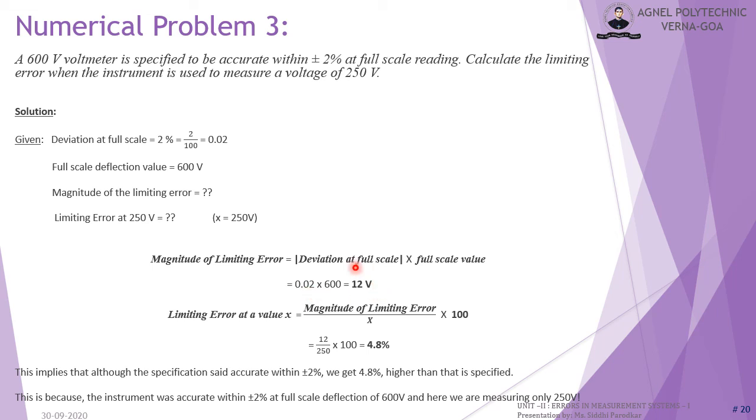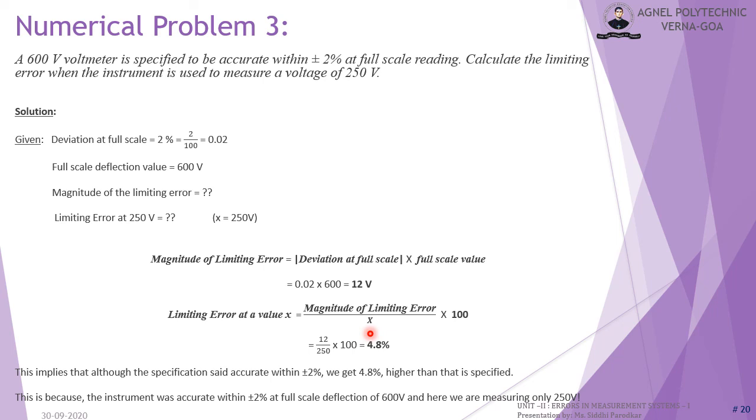The answer is 12 volts. Now we can find limiting error at a specific value x, which is equal to 250 volts. This formula is given as magnitude of limiting error divided by x into 100. Magnitude of limiting error we have found equal to 12 volts divided by x, that is 250 volts, multiplied by 100. This will be equal to 4.8%.